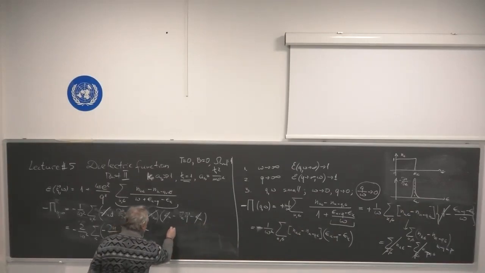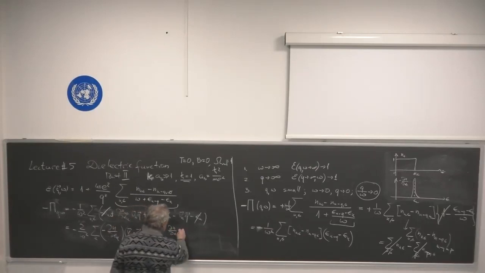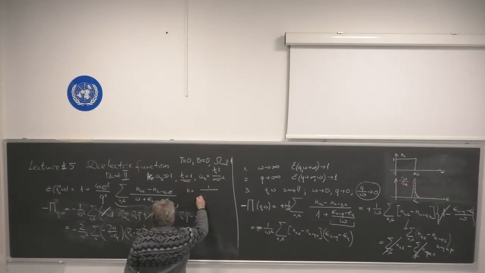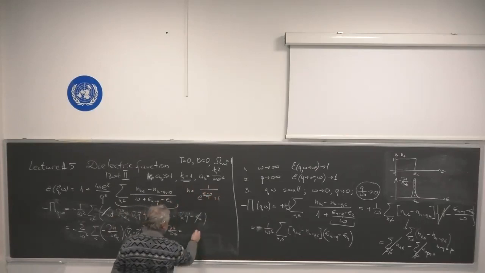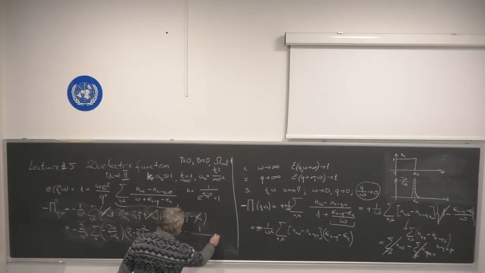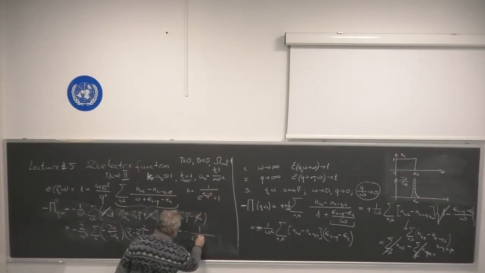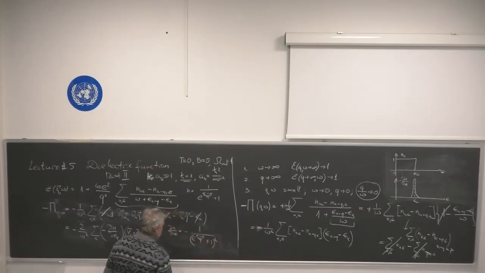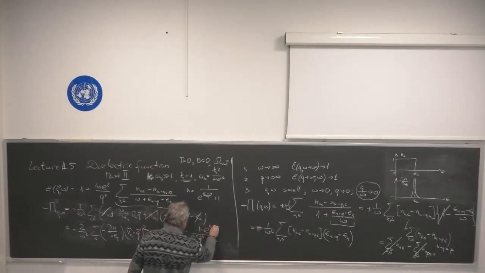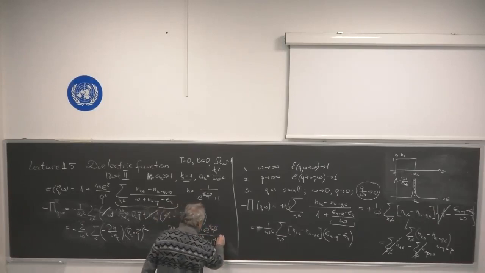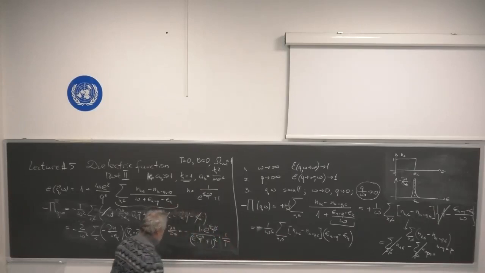Let's take the derivative of the Fermi distribution function with respect to energy. The Fermi distribution function is 1 divided by e to the power (epsilon minus mu) over temperature plus 1. So taking the derivative, there is the minus, then e to the power (epsilon minus mu) over temperature plus 1, squared, times the exponent e to the power minus (epsilon minus mu) over temperature, times 1 over temperature.